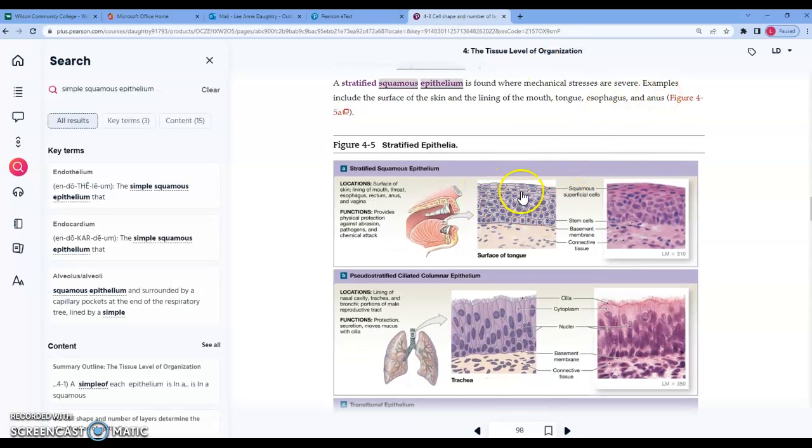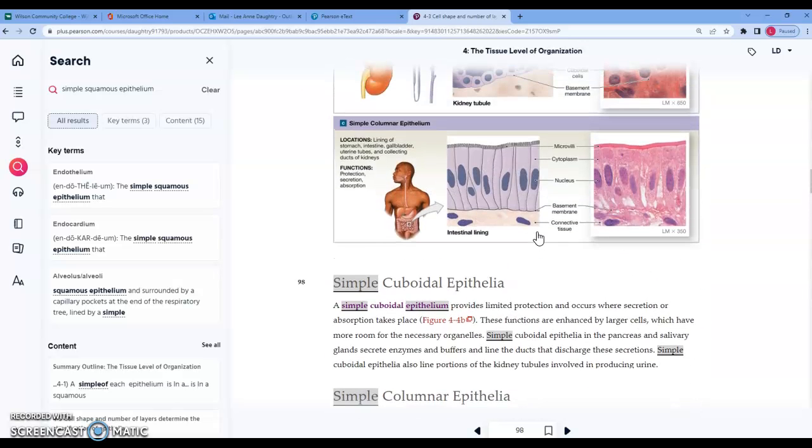Even in stratified squamous epithelium, and this is what you were just describing, there's a basement membrane between the epidermis of the skin and the dermis of the skin. This is actually the surface of the tongue. But there's a basement membrane underneath all epithelial cells. It doesn't matter if they're stratified or if it's a single layer called simple.